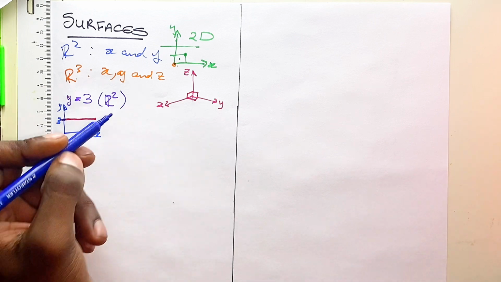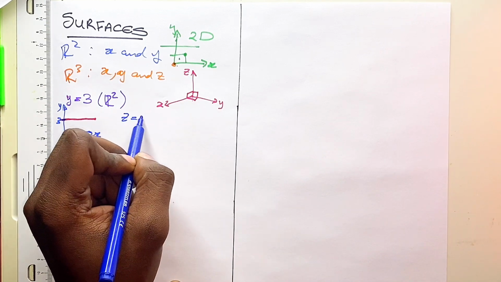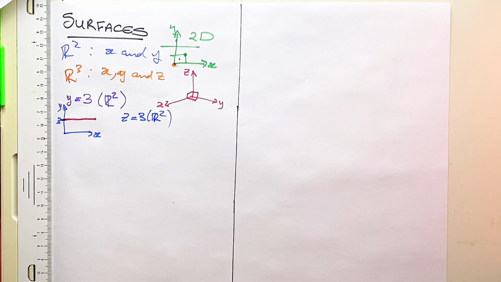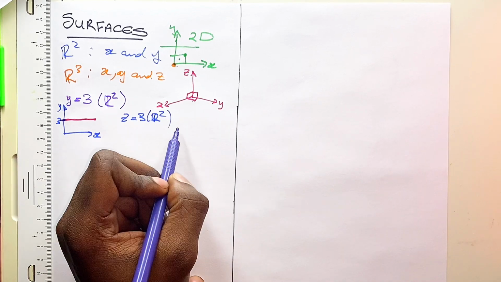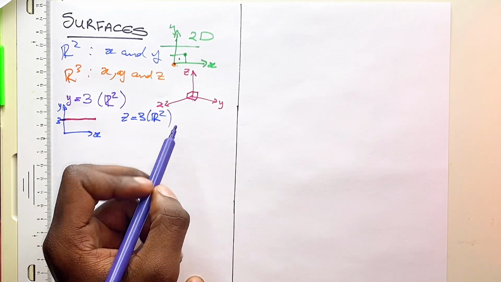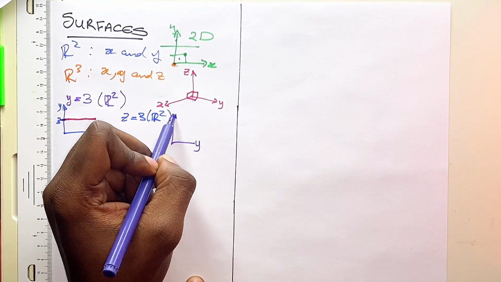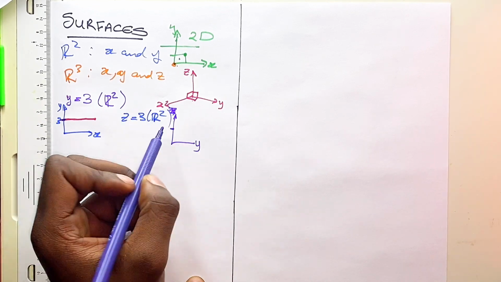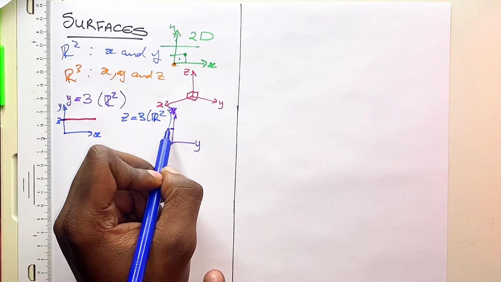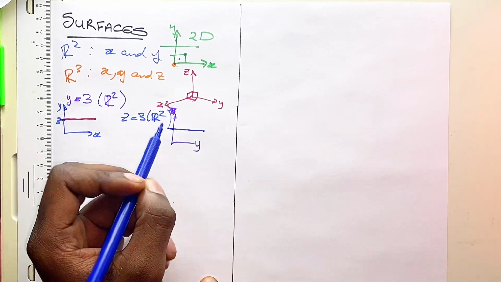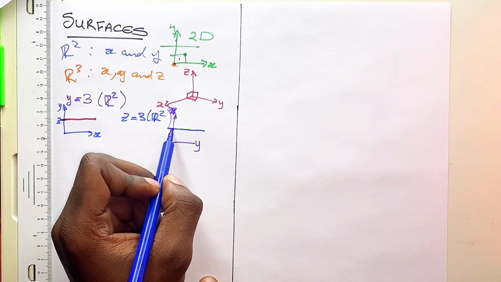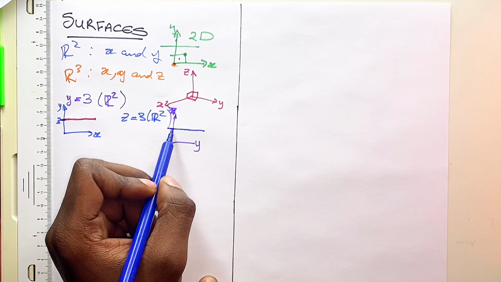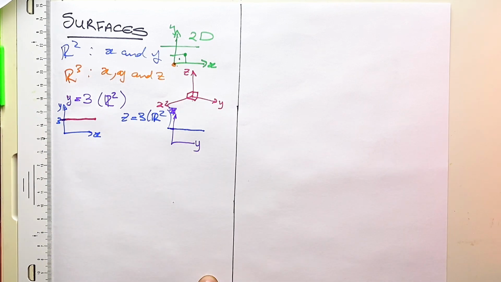So what if I wanted to draw z equal to 3, and I wanted to draw it in 2 dimensions? Now I can take from this Cartesian plane, I can take y and z, and then see that z at 3 will represent a line where it shows all the points on the Cartesian plane where the z coordinate is equal to 3.